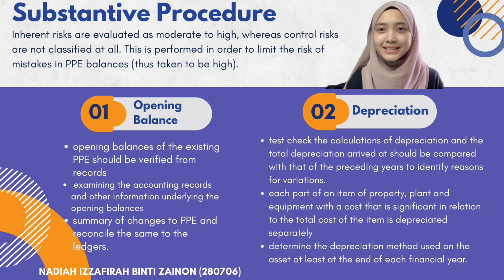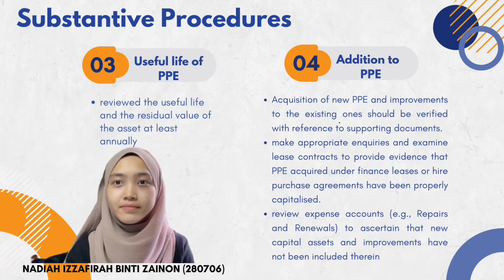For instance, it could be acceptable to depreciate an aircraft airframe and engine individually. To ensure that the depreciation charge accurately represents usage, the auditor should determine the depreciation method used on the assets at least at the end of each financial year.